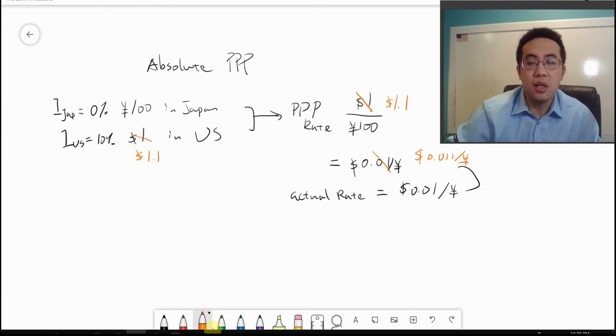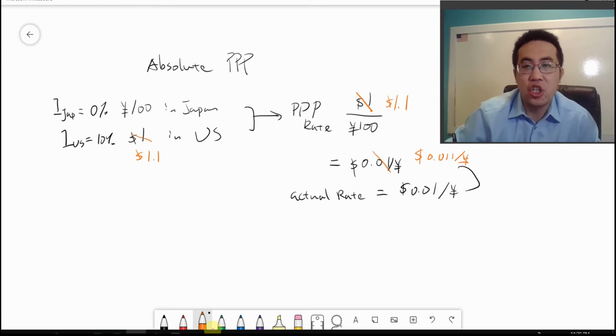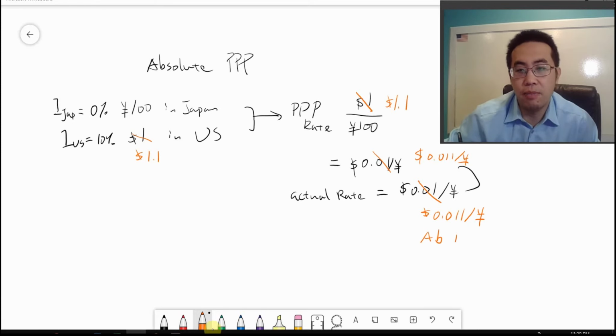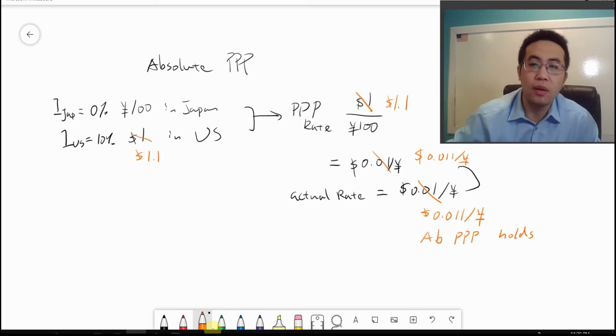Okay, so if the actual rate adjusted to the price level, let's say the actual rate also changed to $0.011 per yen, then the absolute form of PPP still holds. All right. Okay, what about if it doesn't change? If it doesn't change, then the actual rate is lower than the PPP rate, so that means the Japanese yen is undervalued.